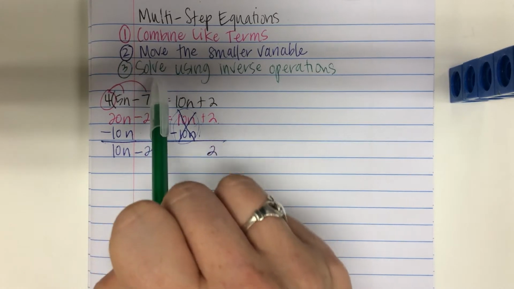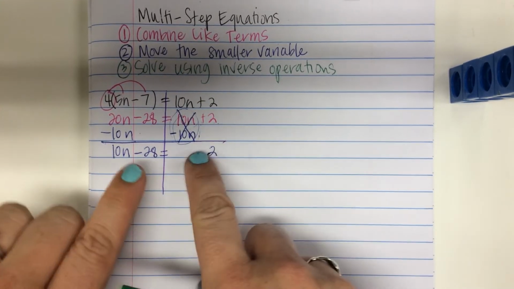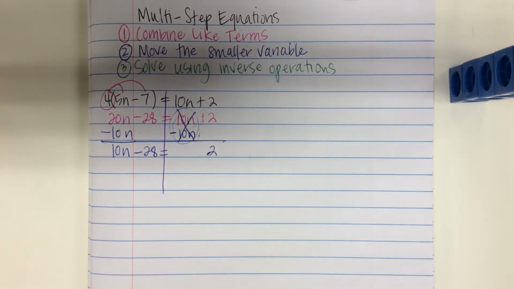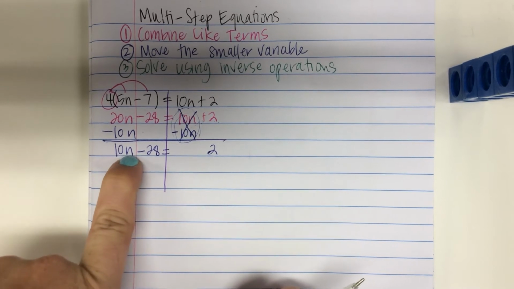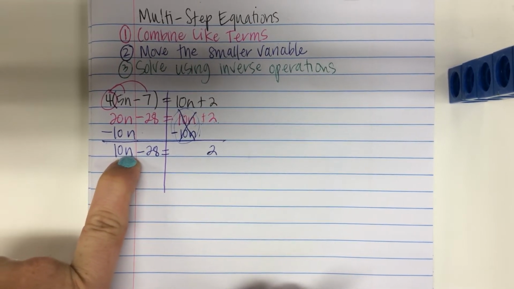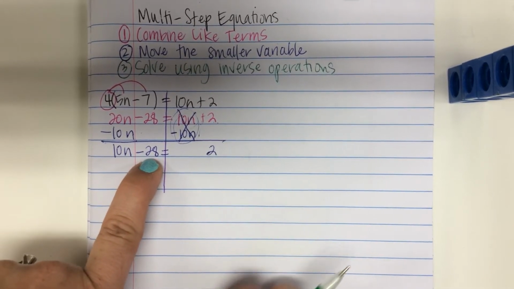Now, step number 3 is solve using inverse operations. This is a 2-step equation. I do 2 things and I'm done. I want the n, the variable, by itself, so which number do I move away first? The minus 28. What's the opposite of minus 28?